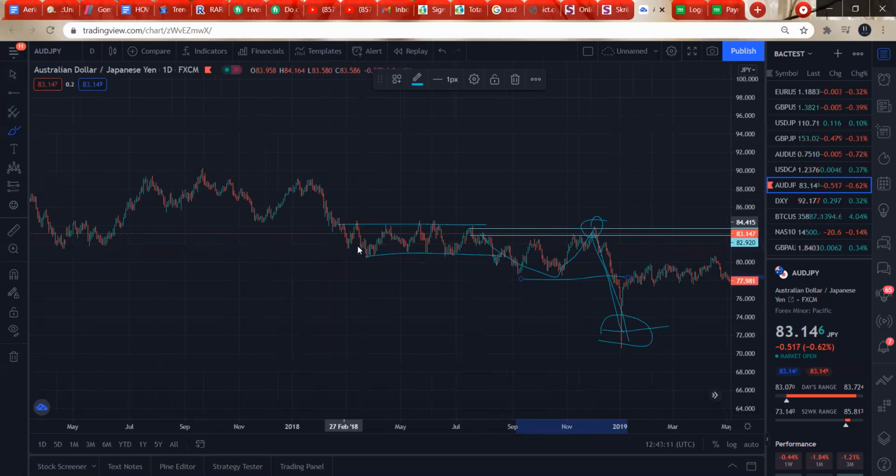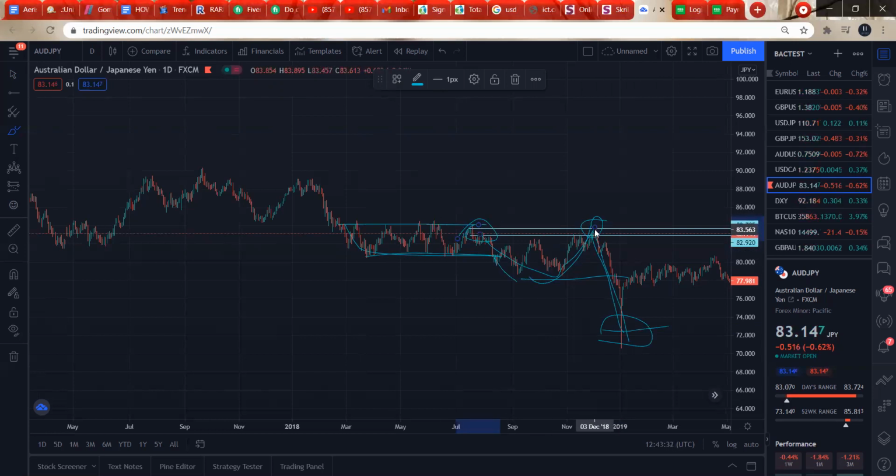You can see that the structure already broke these lows here, and then we expected a retest of this here, and then it took almost 6 months, from 14 August until 4 December. This move took almost 6 months.